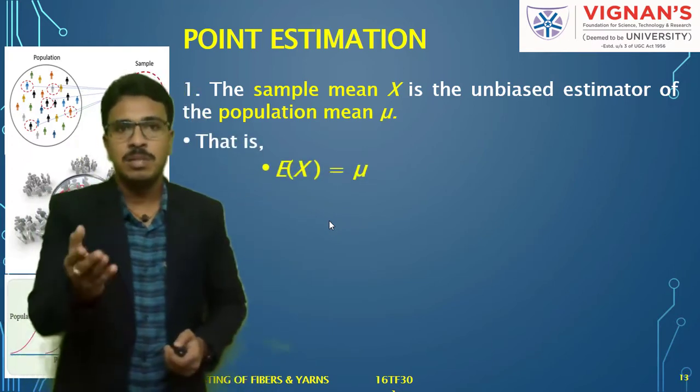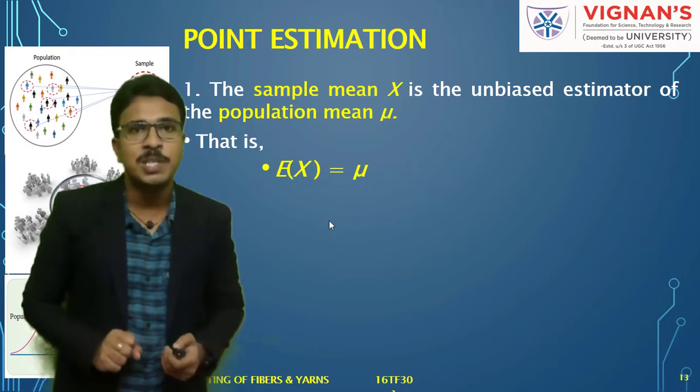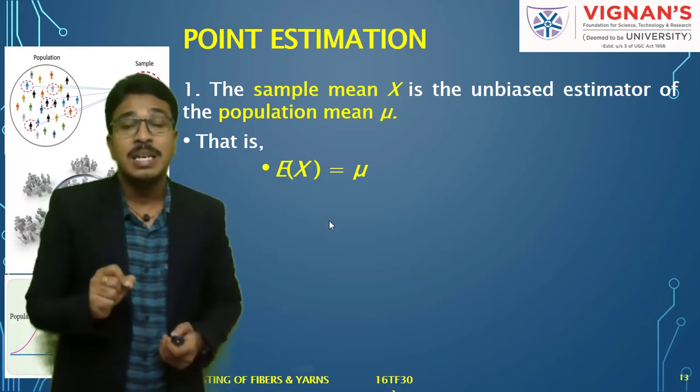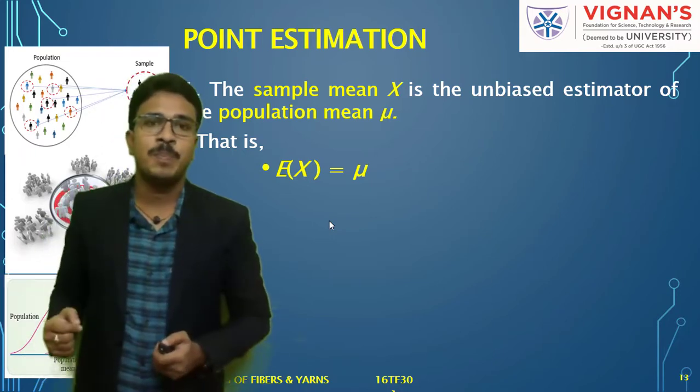Now you can see the expectation of x bar is equal to mu. That means the sample mean, which is x bar, is the unbiased estimator of the population mean mu.